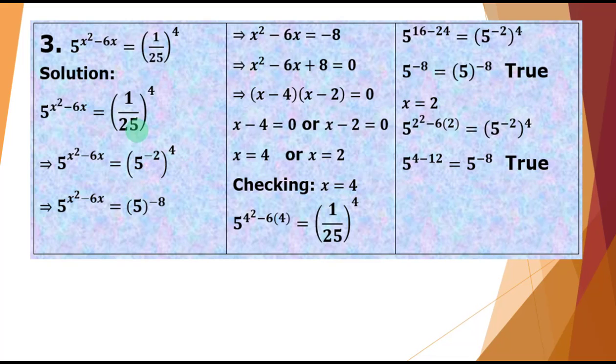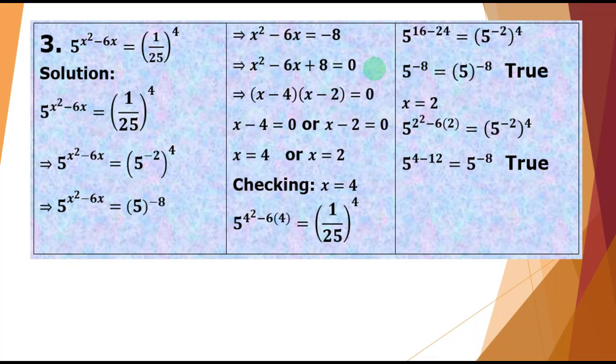So we just transform 1 over 25 into an exponential with base 5 and exponent negative 2. So they now have the same base: 5 raised to x squared minus 6x, and 5 raised to negative 8. We simply multiply negative 2 times 4 to get negative 8. Since the expressions already have the same base, we can now equate x squared minus 6x equals negative 8, as reflected here.